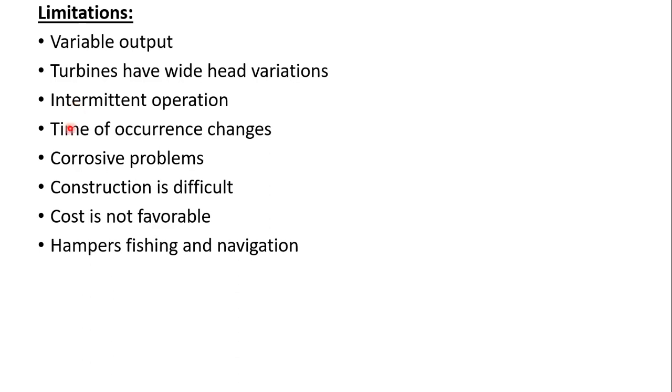And fourth one is time of occurrence will be changing. Okay, so we know that tidal range is limited to a few meters. Thus if you take a bulb turbine type, this technology was not well developed, so we are using conventional Kaplan turbines.